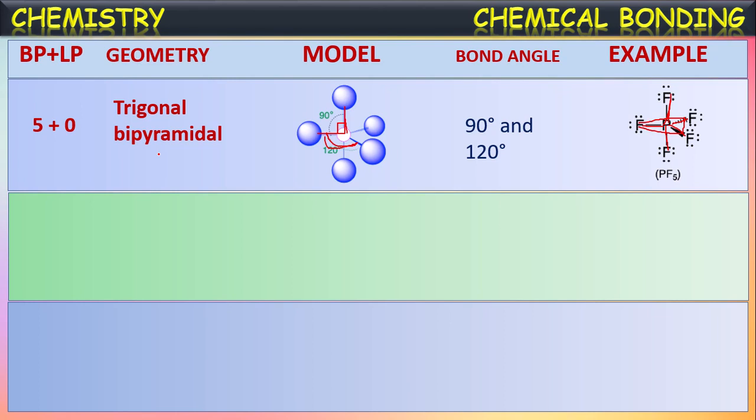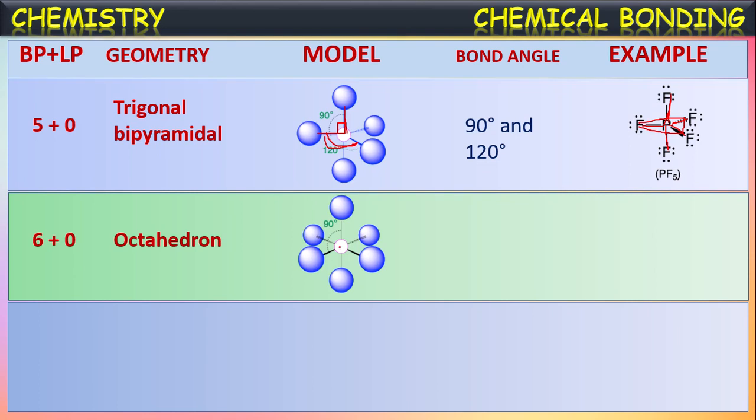Okay. Next, the molecules with 6 bond pairs and no lone pairs. Then the geometry of the molecule is expected to be octahedron, with 8 sides. See the model of these molecules.